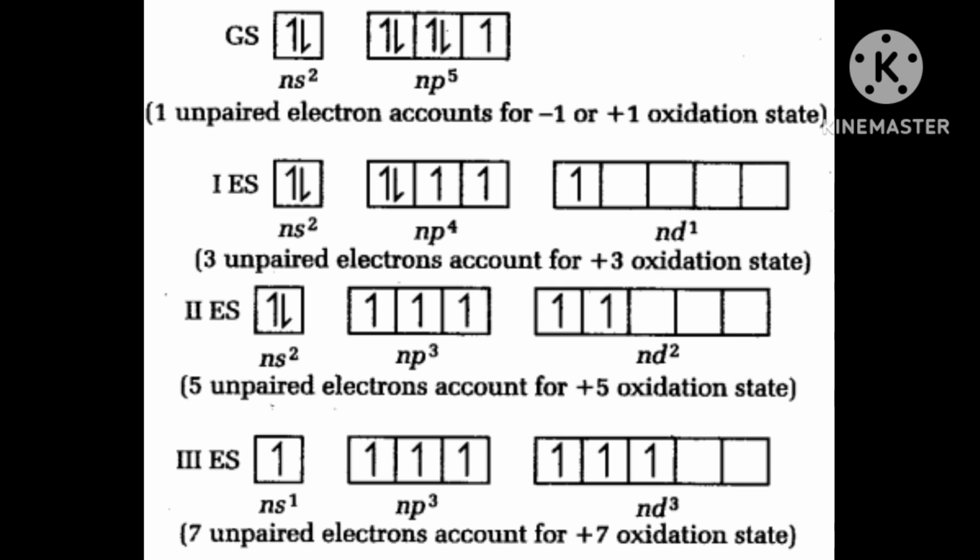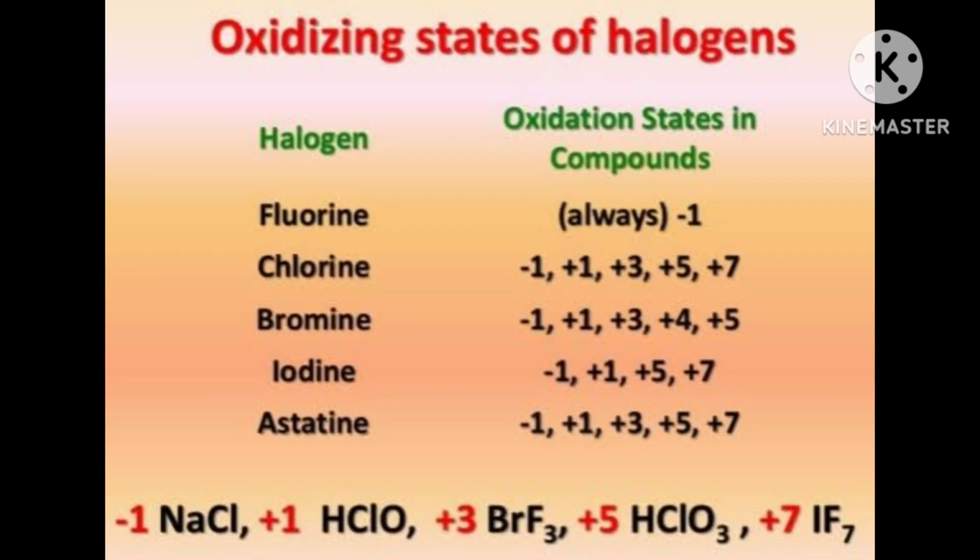Then only 1 electron will remain, because 1 electron will go to the d orbital. In the d orbitals 3 electrons are there, all single. And now in ns 1 is remaining and np 3 are remaining. Then total how much? +7, I can say, unpaired electrons are there in total. That's why +7 is possible.